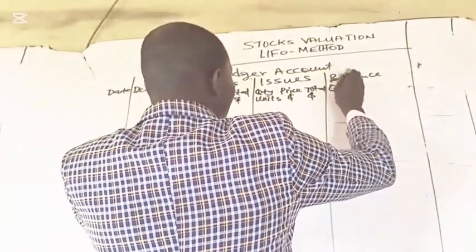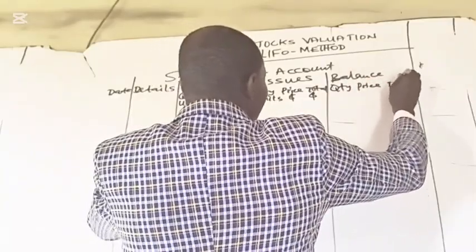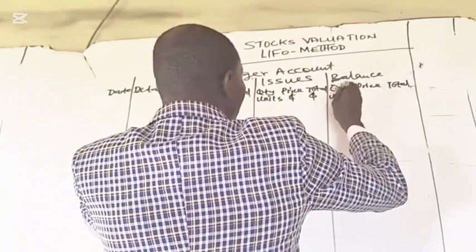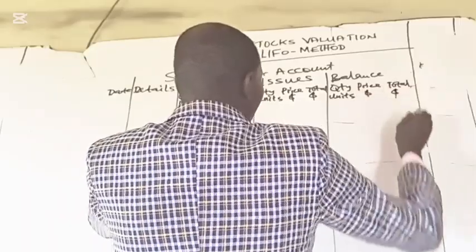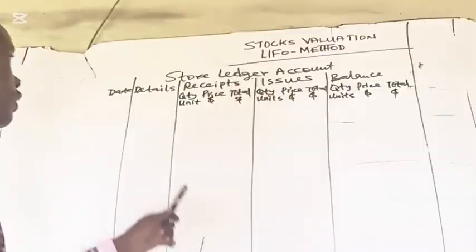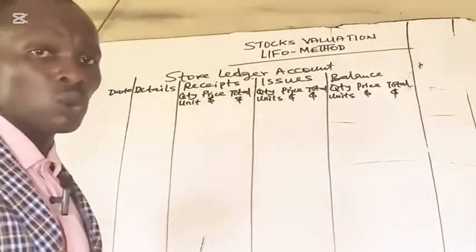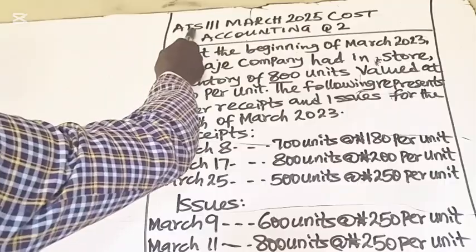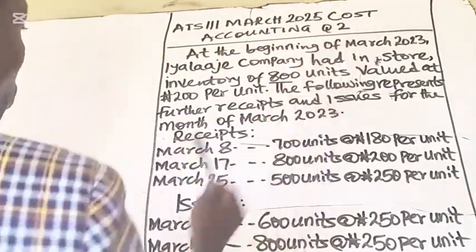Now I have given you the format for store ledger accounts. So now we want to take a question as a worked example. Keep watching. ATS 3, March 2025, cost accounting question 2.